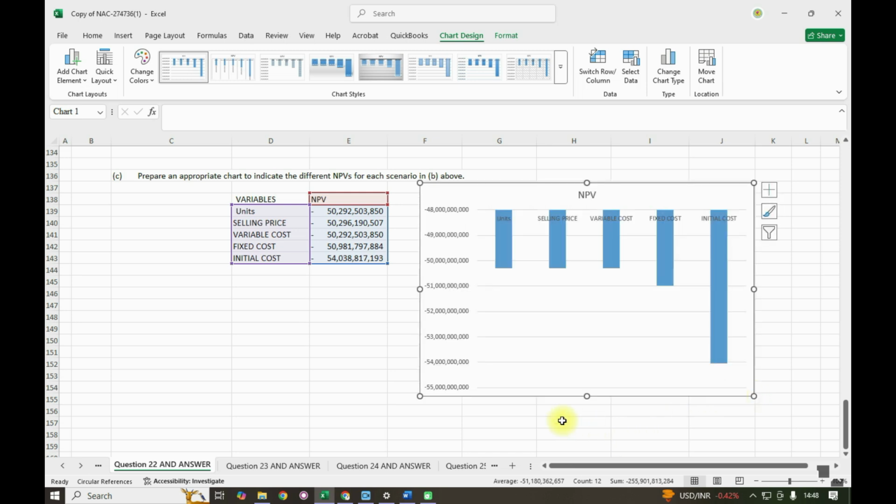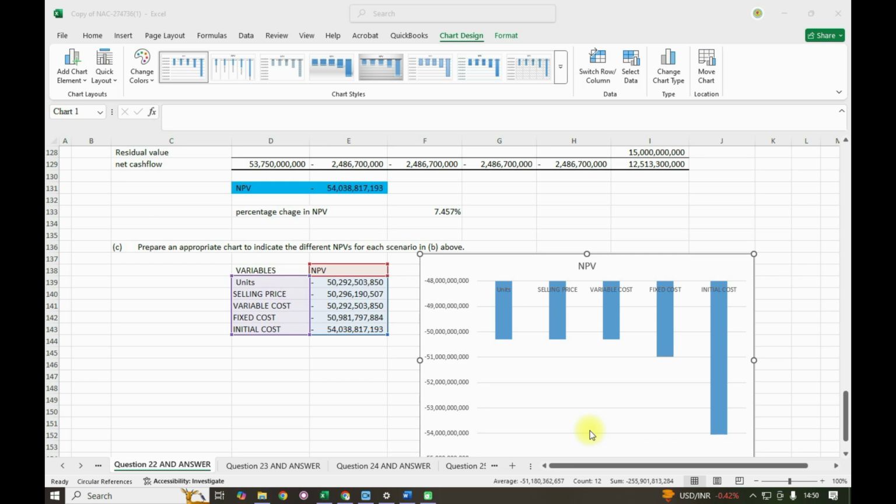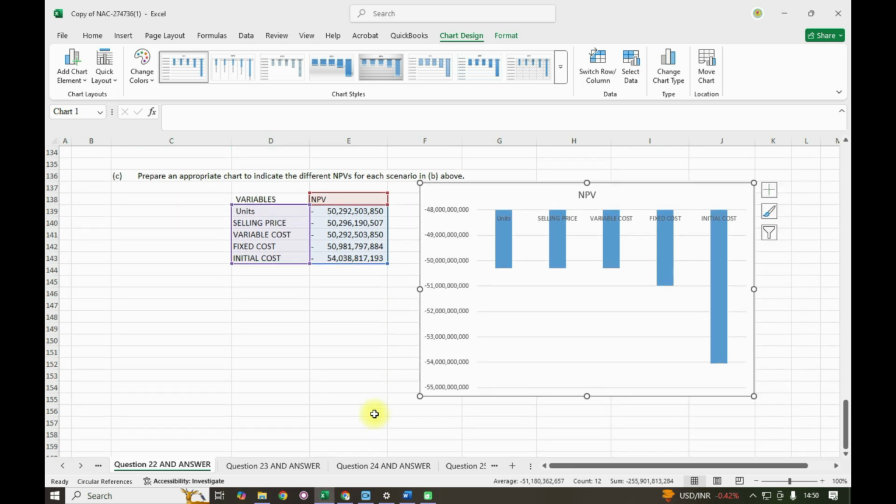Remember, in this case they are inverted because they are negative, and you can now see which one is more sensitive than the other. So that is how that part, the chart, was supposed to be presented.